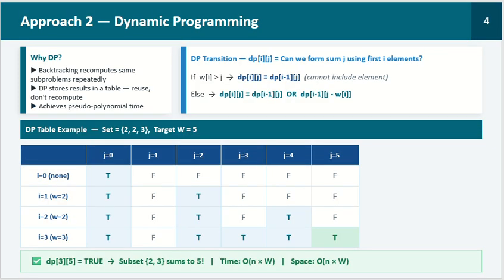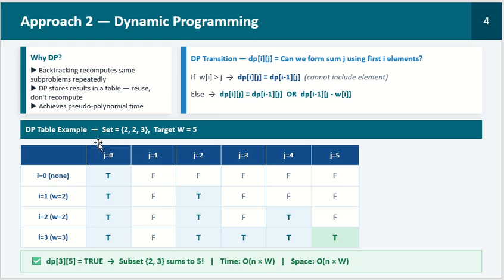Next we are learning about dynamic programming. Backtracking repeats the same calculation many times, so dynamic programming avoids it by storing the results. We use a table where each entry tells us if a sum is possible. We build the solution step by step.